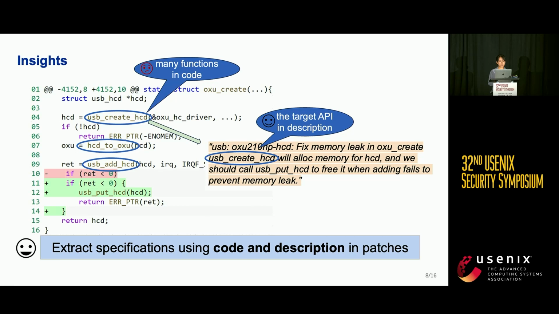In our study, we found that the patch description often explains the rationale behind the patch. For APH bugs, the target API is the most critical element, and developers usually highlight it when explaining the patch. In this case, the description mentioned that usb_create_hcd will allocate memory for hcd. Therefore, the patch description can provide valuable information for the target API.